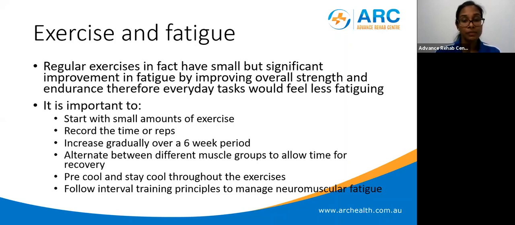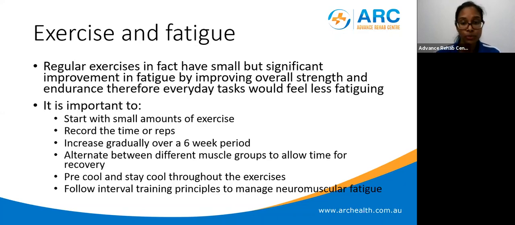It's best to be guided in this process, so that way you don't overdo things or get into it too much too soon. Other ways you can pace yourself better is to use different muscle groups. You can work on your arms and then legs and then the core and then return back to the arms again, so your muscles have time to recover.